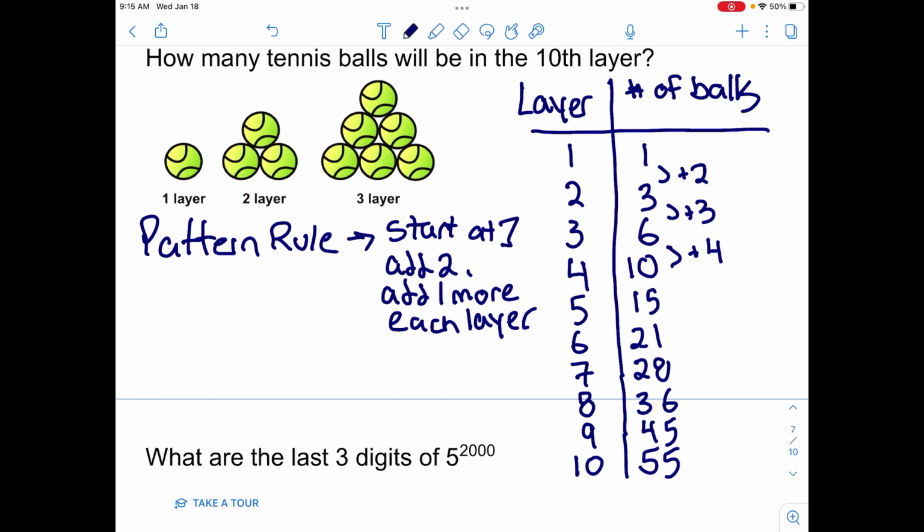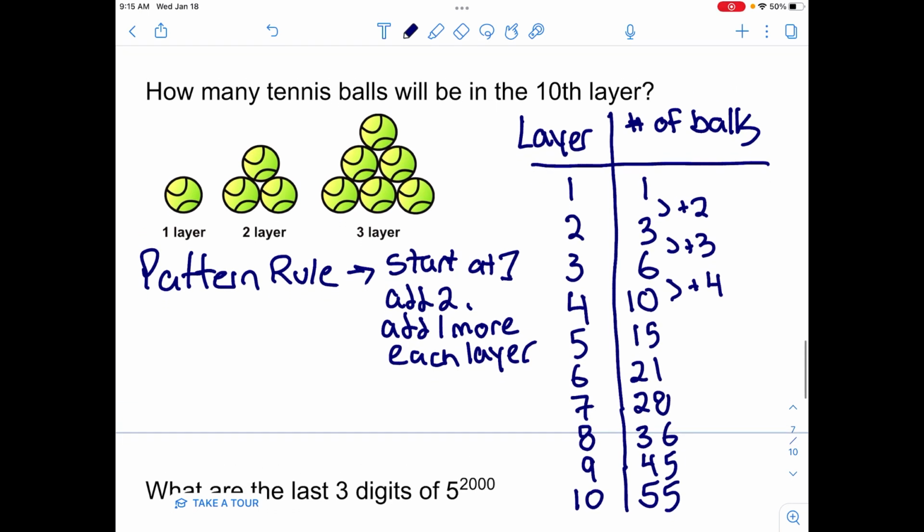So we can see that in our 10th layer, our pattern going up, starting at 1, adding 2, and then adding 1 more each time, takes a little bit of work, but by just some simple addition, we can see that the 10th layer would have 55 tennis balls in it.